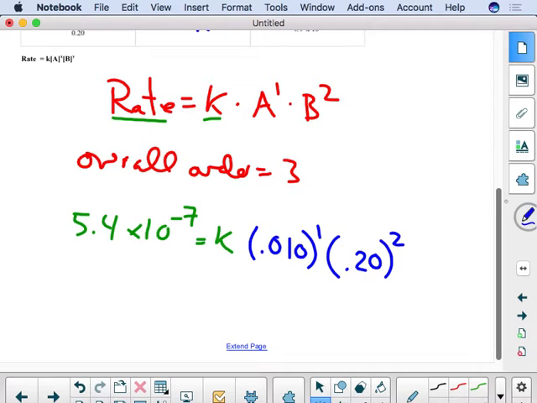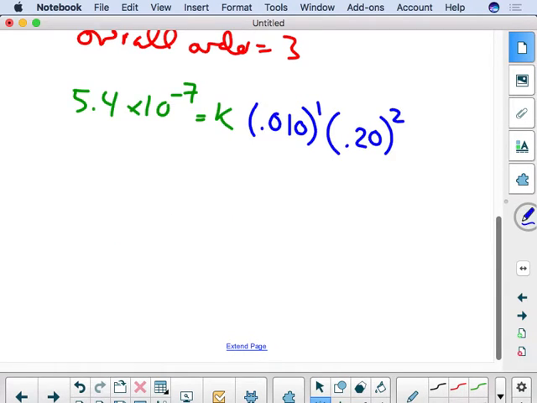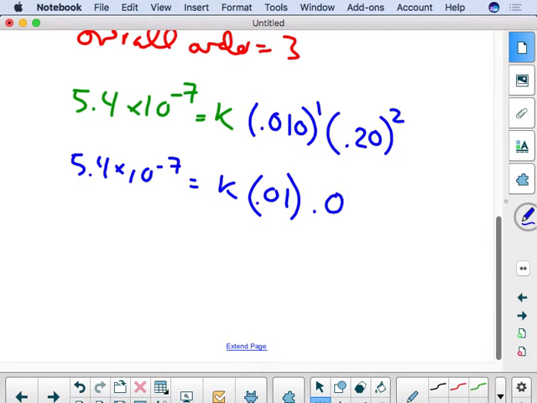Alright, game on. Let's play some algebra games. So 5.4 times 10 to the minus 7 equals K times 0.01 times 0.04 is what that's going to be. I got 0.00135. That's 0.2 squared should be 0.04. I'm pretty confident about that. Yes, it is.